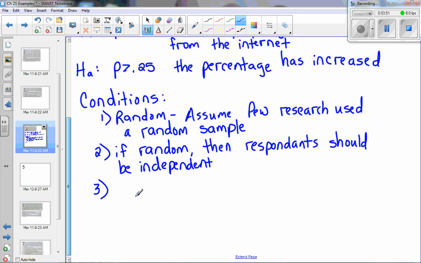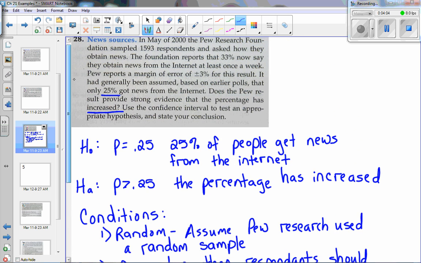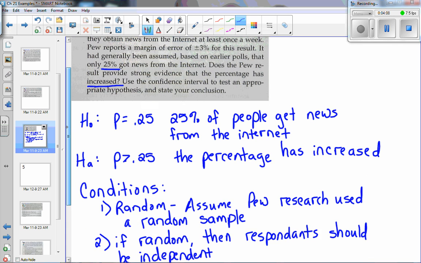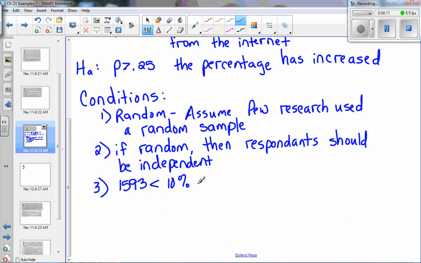Okay, for our next one, 1,593 was our sample size, and that's definitely less than 10%. And we want to think about our population. We're looking at people who get their news from the internet. Well, so this would be 10% of people who read the news.